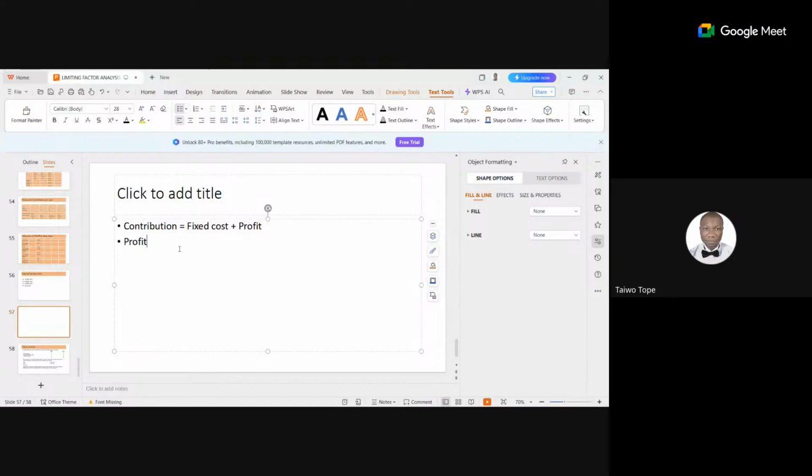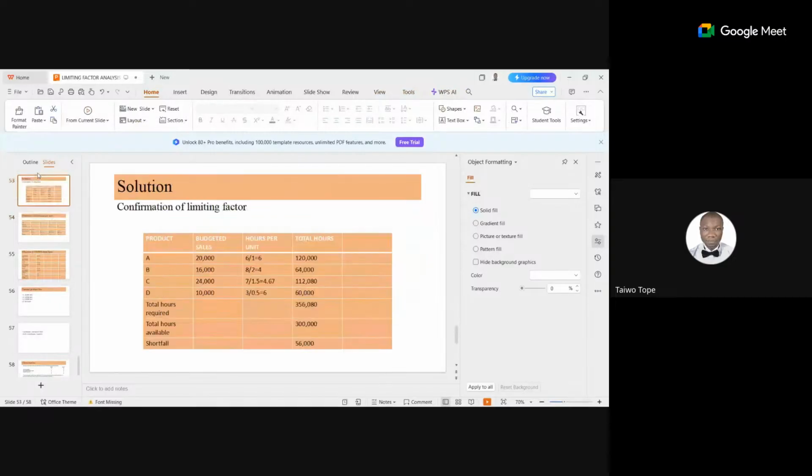When fixed cost is crossing to the other side, it will now be what? Contribution minus fixed cost. Contribution minus fixed cost.